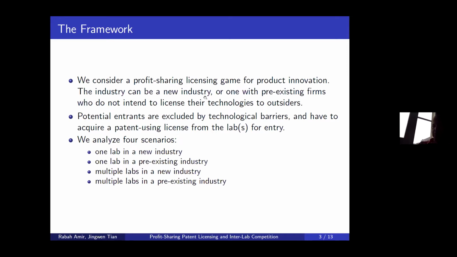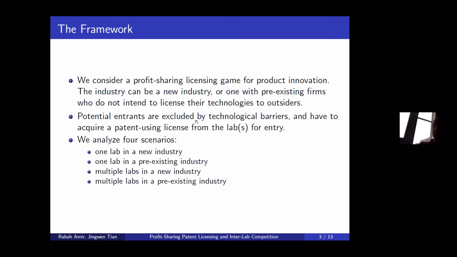That's the easiest thing to think about to fix ideas, or one with pre-existing firms. There are 4 different models. The basic ones are new industries, but some of them will have pre-existing firms. And the pre-existing firms will be assumed to just want to produce, and they're not involved in the licensing possibilities or discussions.